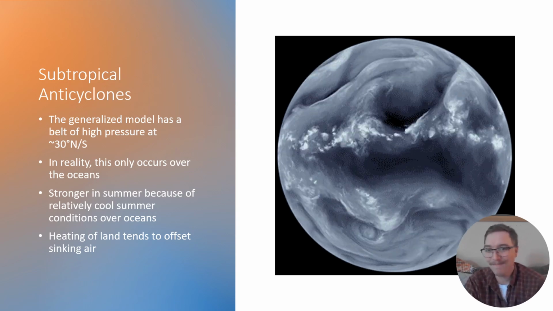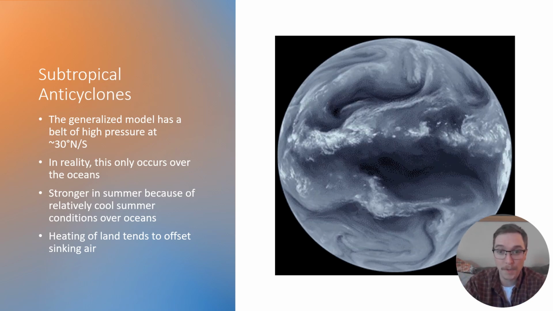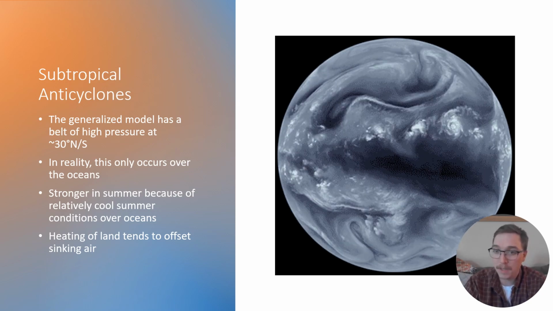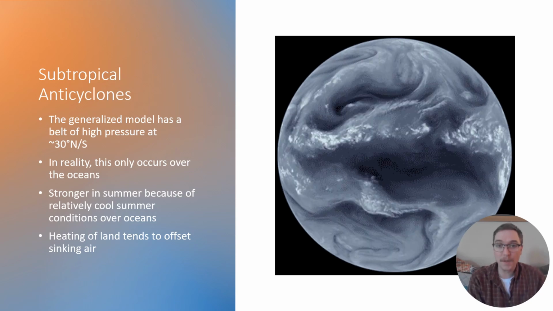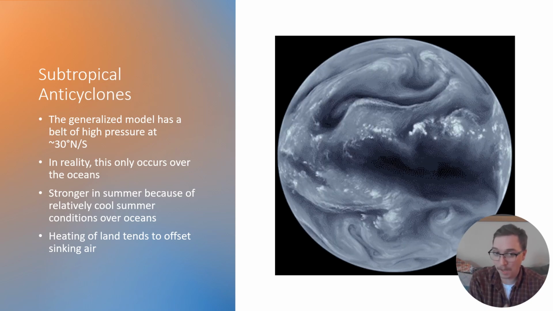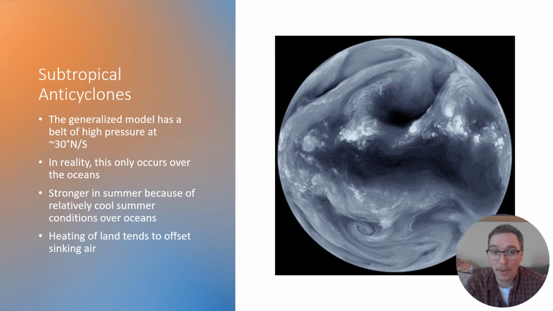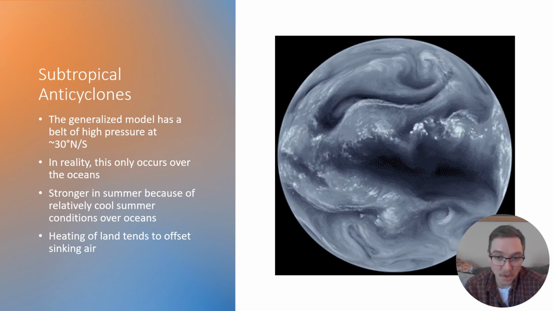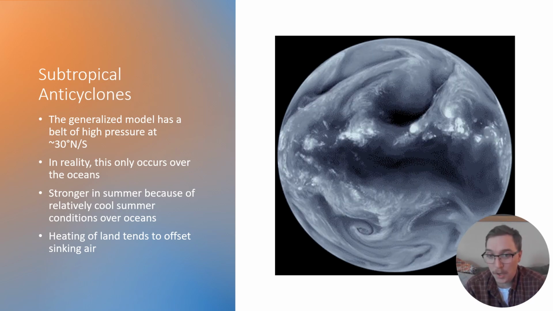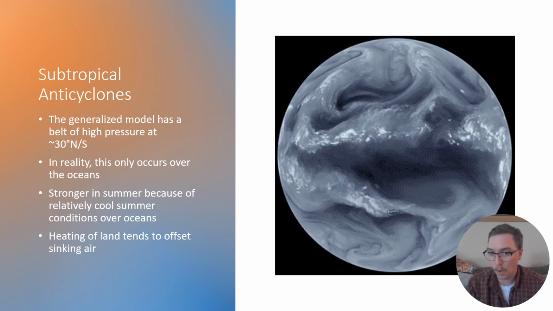Now, in reality, this isn't continuous over the surface of our planet. What starts to trip up these generalized circulation models is land, both in the subtropical anticyclones that we're talking about now and some of the stuff we're going to be talking about later, because there's so many other things in the way and there's so much of a temperature differential, and therefore a pressure differential, when you're over land versus over the ocean.